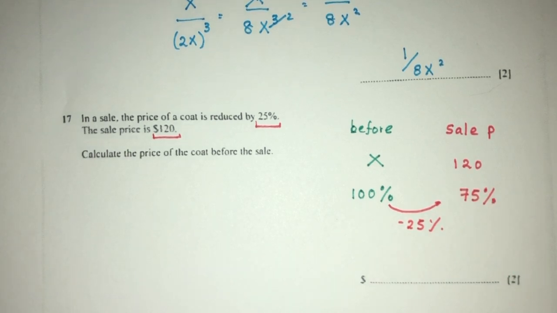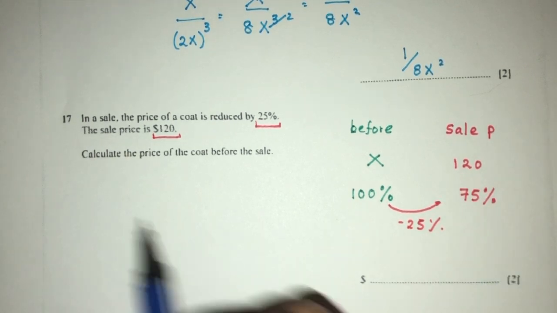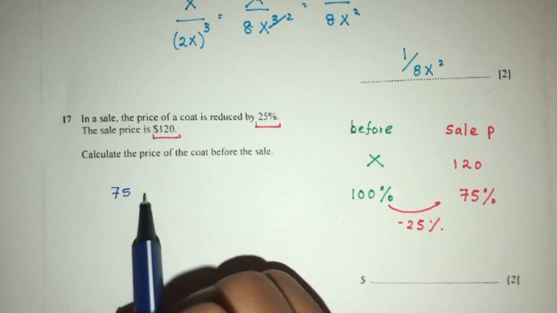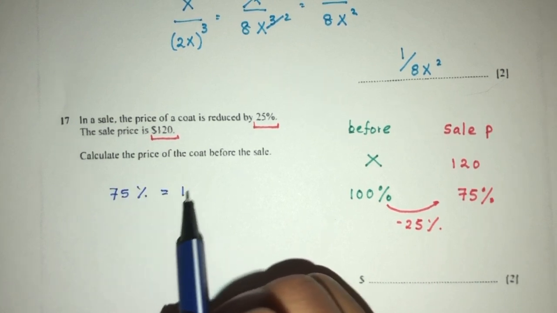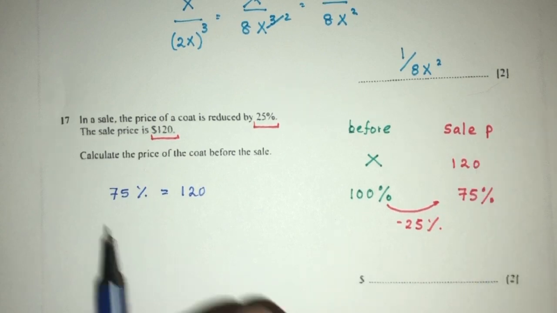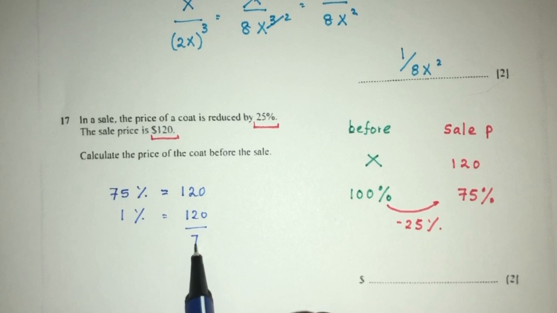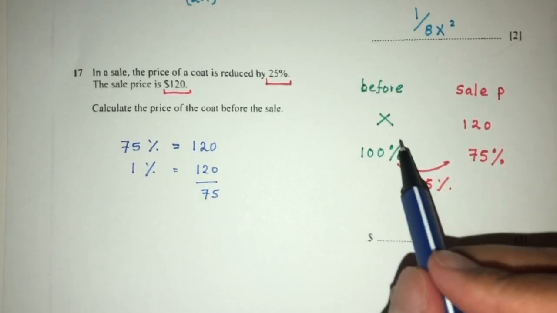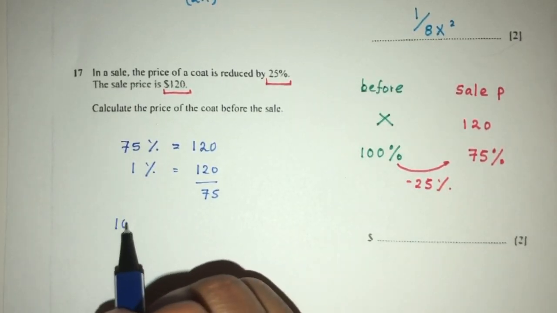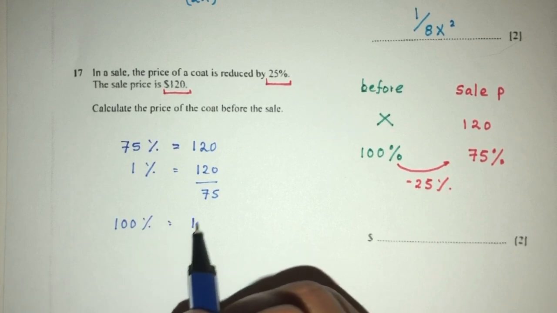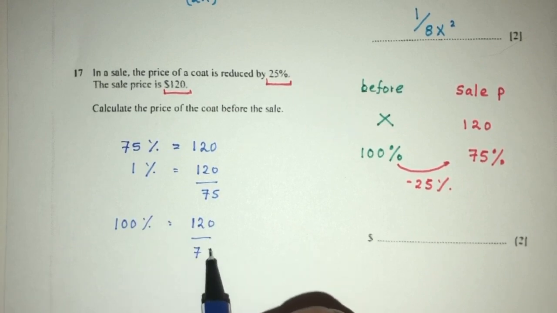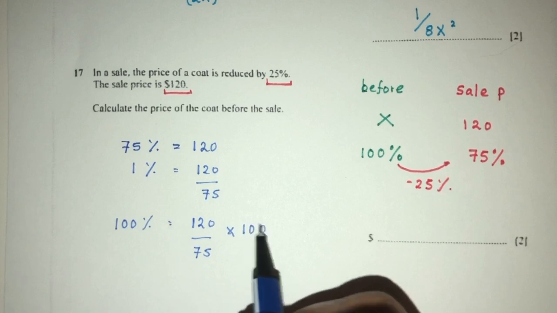Now, we just use ratio to solve this pretty easily, which means 75% represents 120, right? 1% will be 120 divided by 75. So finally here we are trying to find this price, which is 100%. That will be 120 divided by 75 times 100.